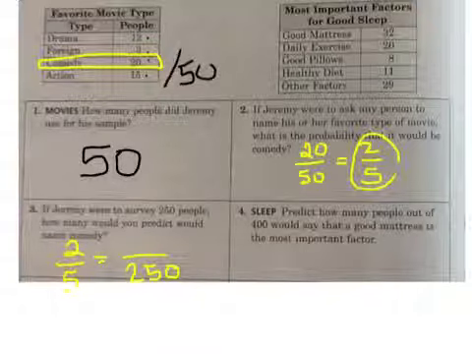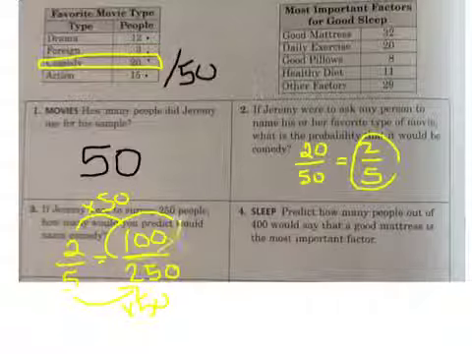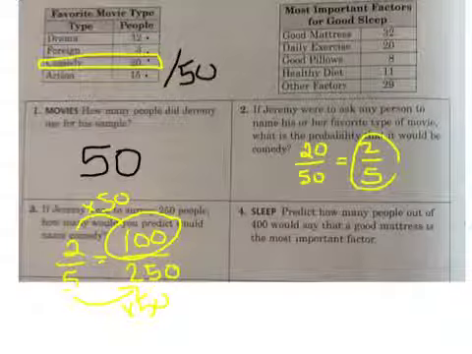So how many out of 250? To get from 5 to 250, I need to multiply by 50. Since I'm multiplying the bottom by 50, I can solve the proportion by multiplying the top by 50 as well. So that is 100 out of 250 will prefer comedy.